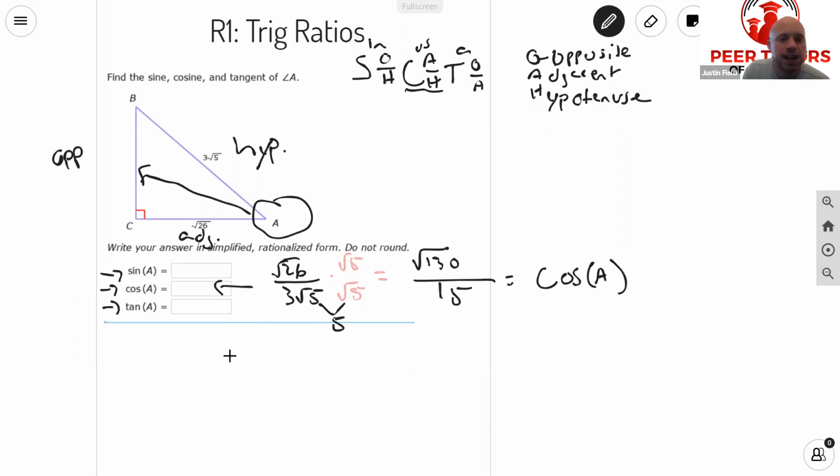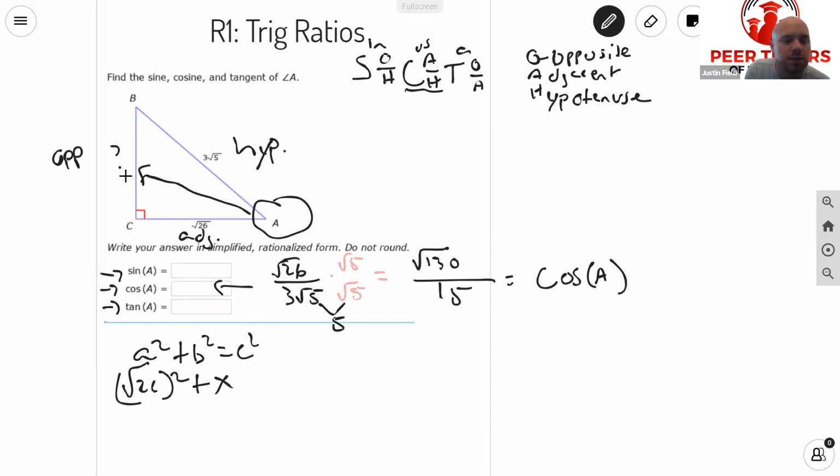The tangent and the sine, that requires us to know the opposite side. But since we have two sides already, we can use our good old Pythagorean theorem to get the opposite side. So I can say that A is the square root of 26. I can say that B is x.